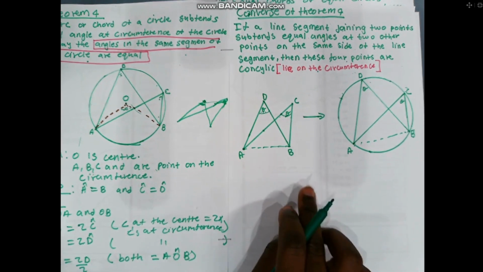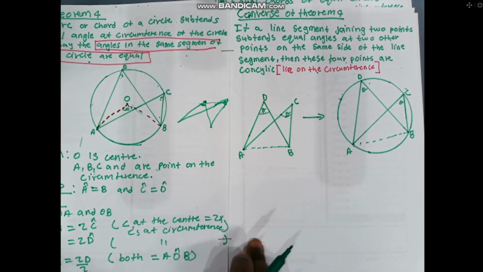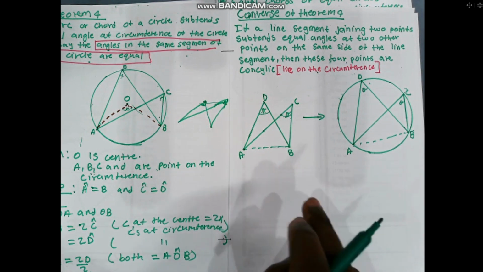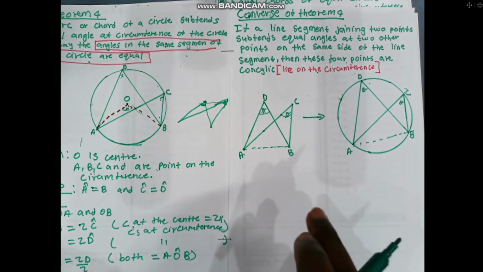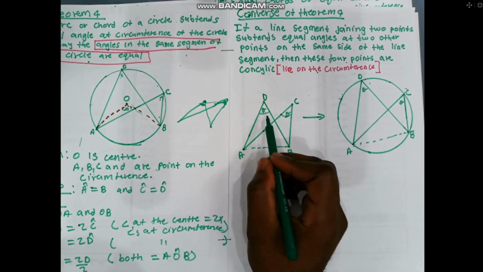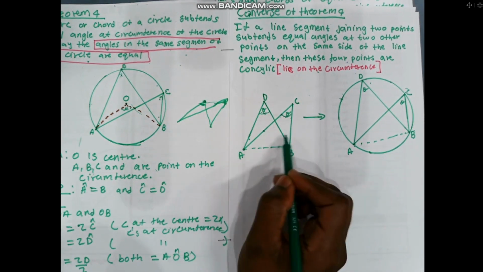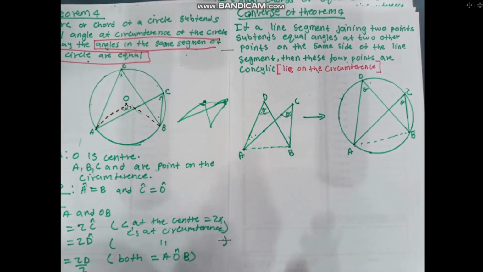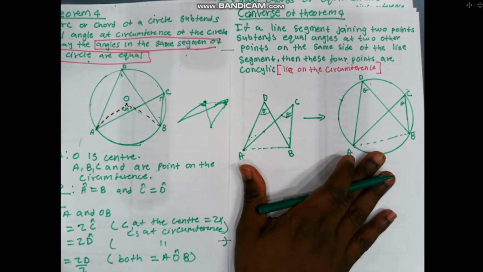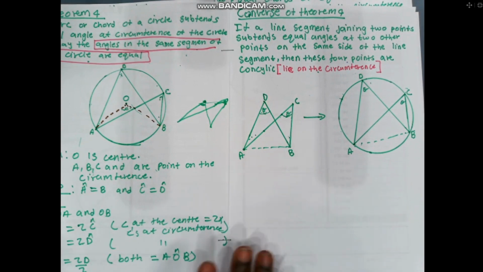This is what we are going to prove when you're proving a cyclic quad. They say prove that whatever question is a cyclic quad. You must prove these angles are equal, or these angles are equal, and therefore it's a cyclic quad.